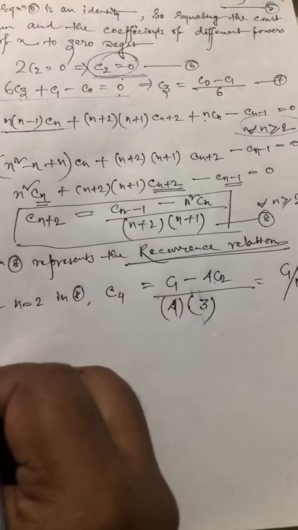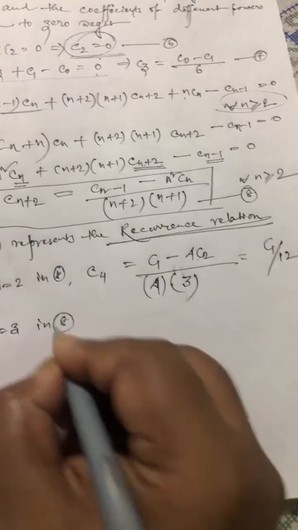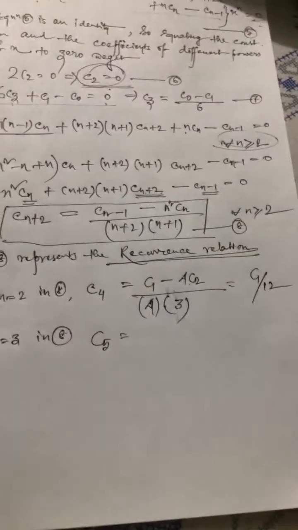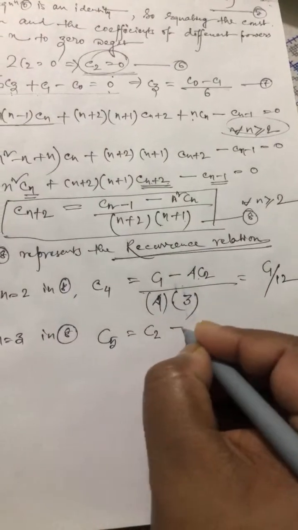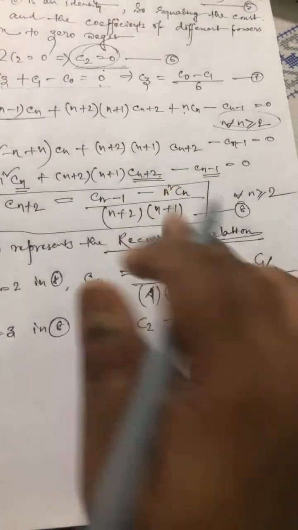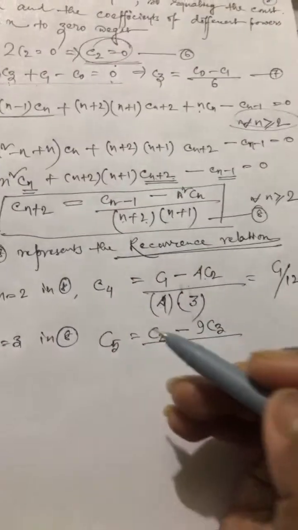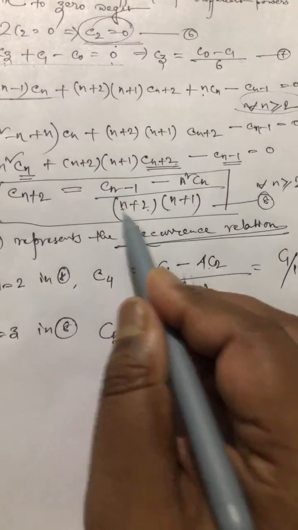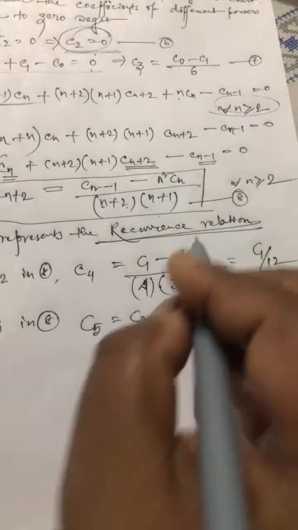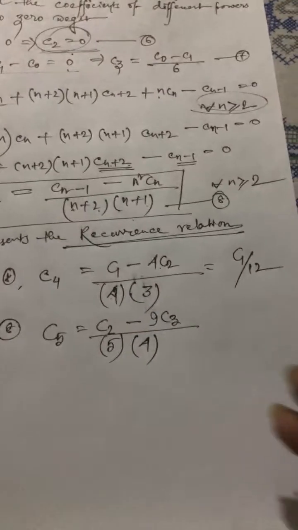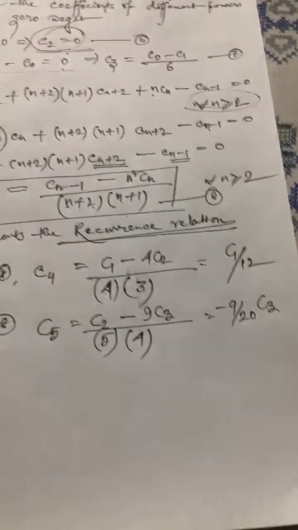Putting n equals 3 in this equation, you will get c5. Here n equals 3 means c2 minus 9 c3, divided by 3 plus 2, 5, and 3 plus 1, 4. So technically you can obtain minus 9 by 20 c3.